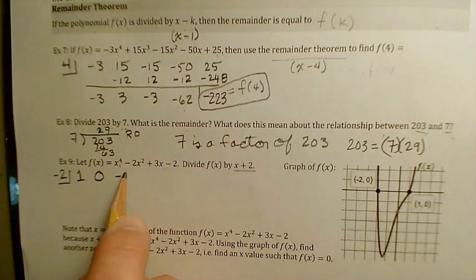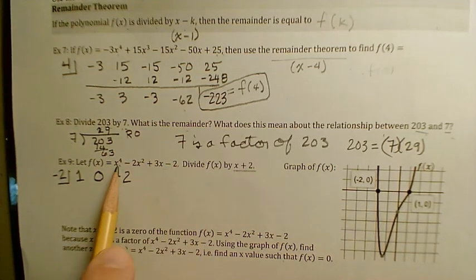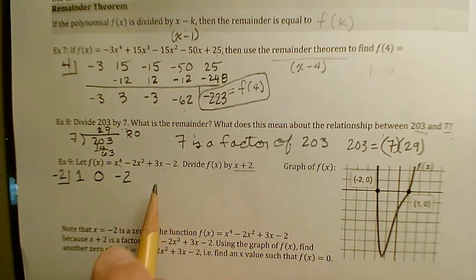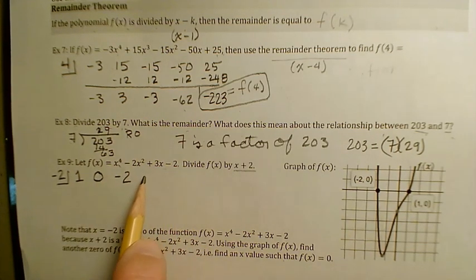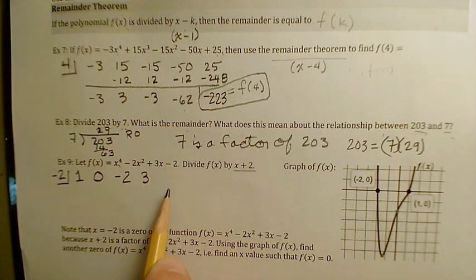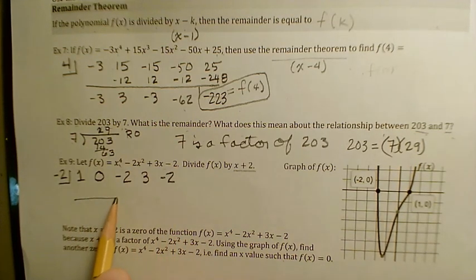Then we have a negative 2. So let's think about this. With degree 4, we should have 1, 2, 3, 4, we should have 5 terms, so we're only missing 1. So that was the only one that's missing. 3 for the 3x, and then negative 2. Okay, so leave a space for some numbers.